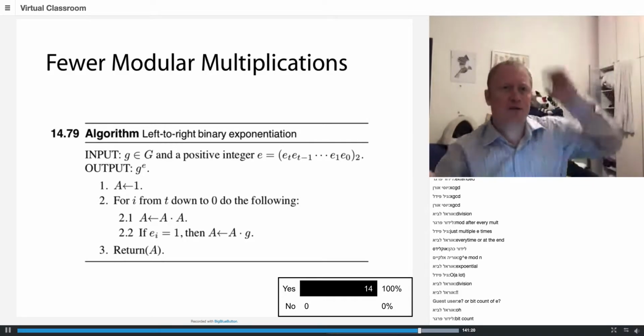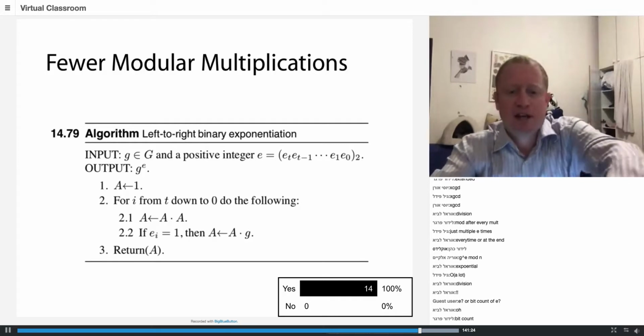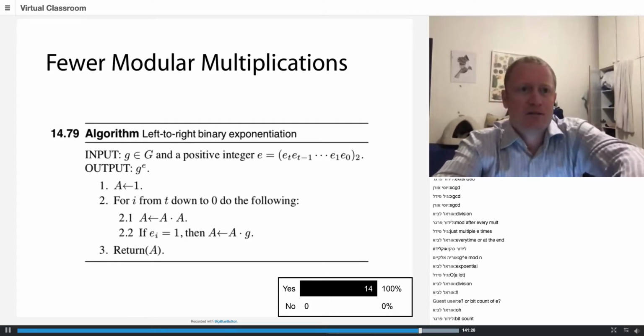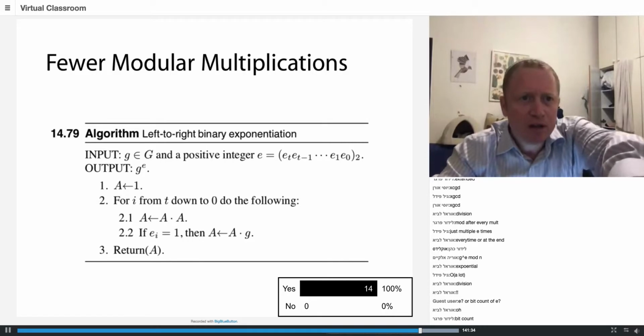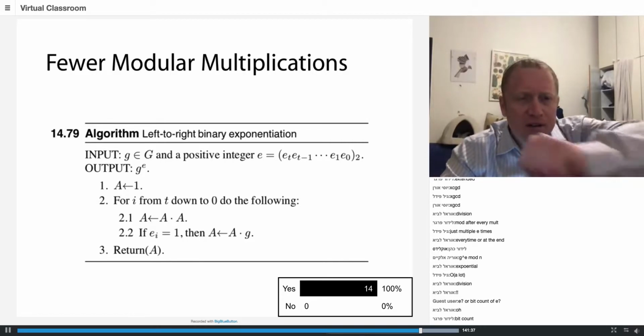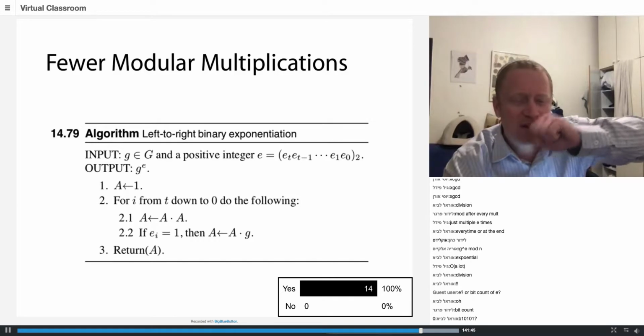So I want to calculate g to the power of e. I don't know what it is. The naive thing would be to do g times g times g. What number is this?